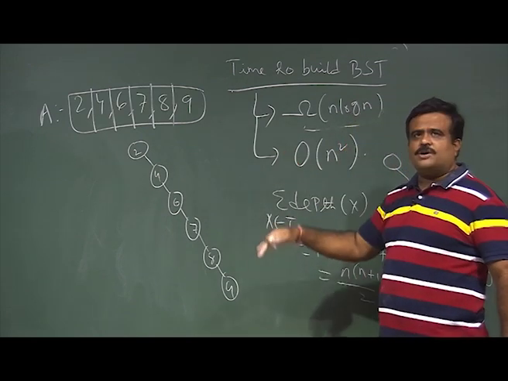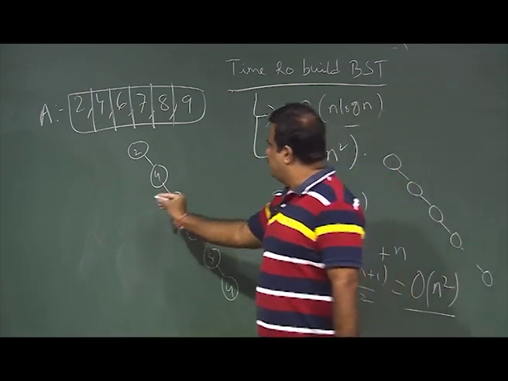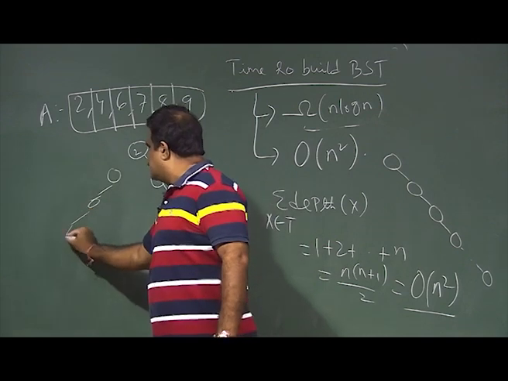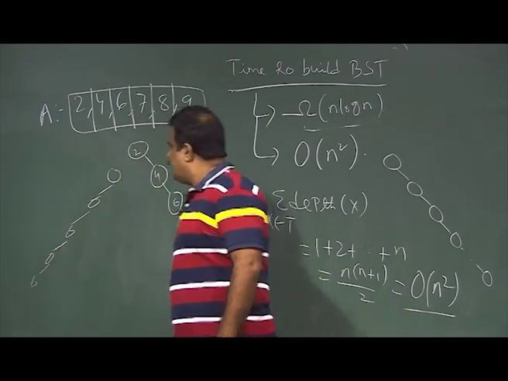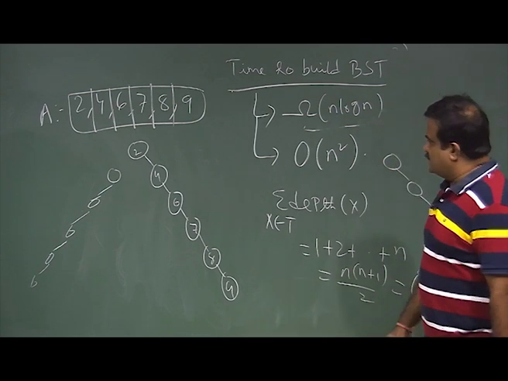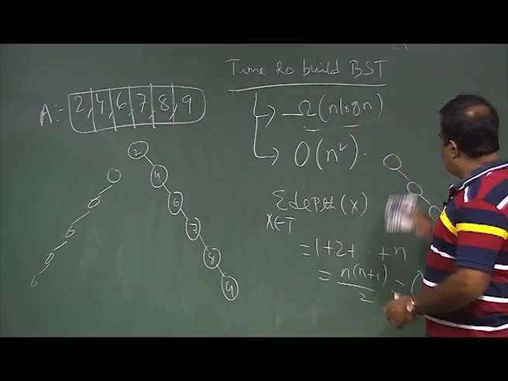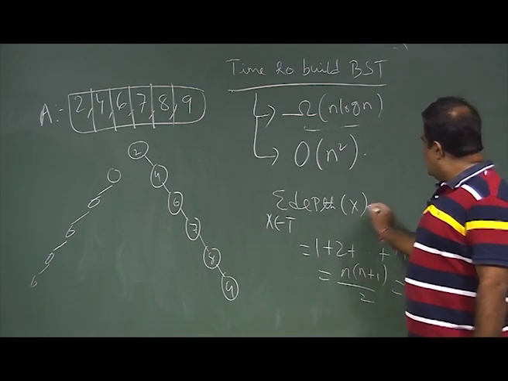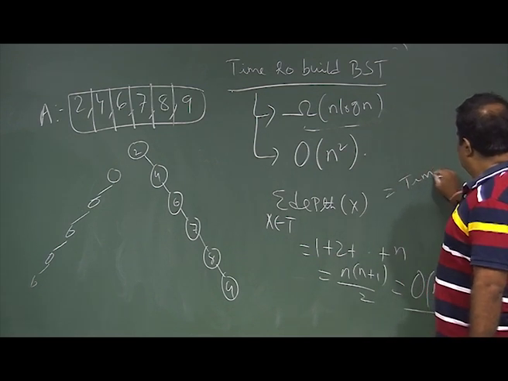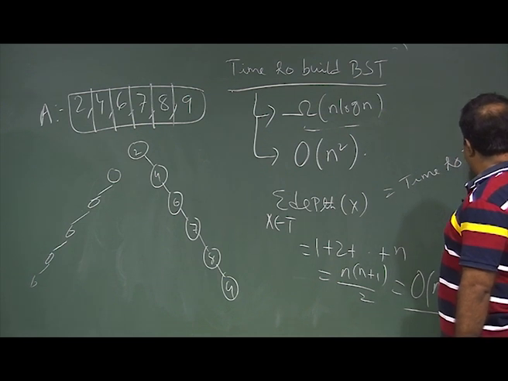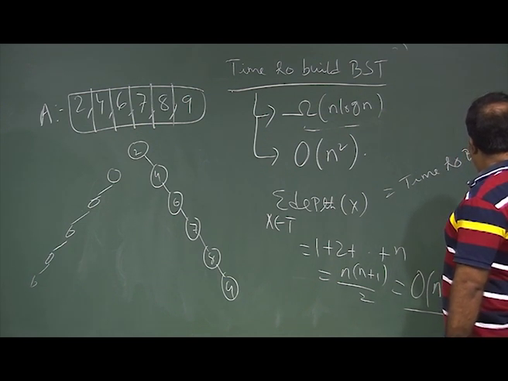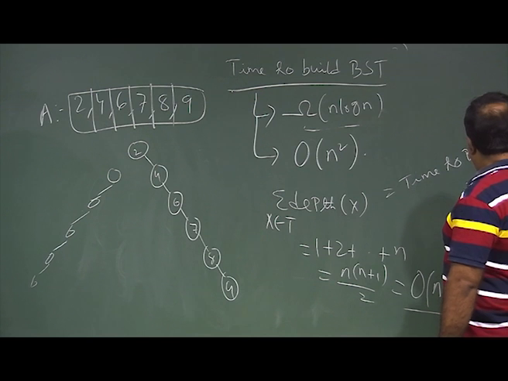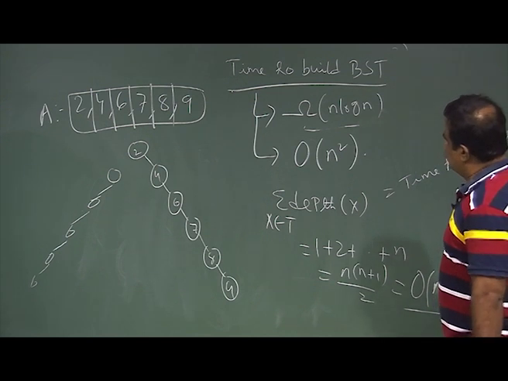Even if it is reverse sorted, the tree will look like this. So, this is the worst case. The worst case is order of n square to build the tree. This is the time complexity to build the tree.